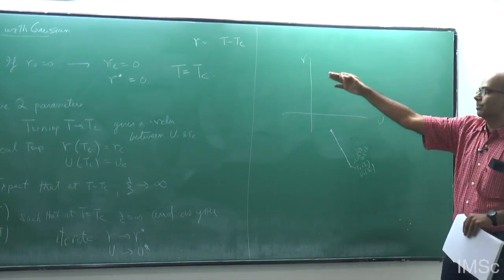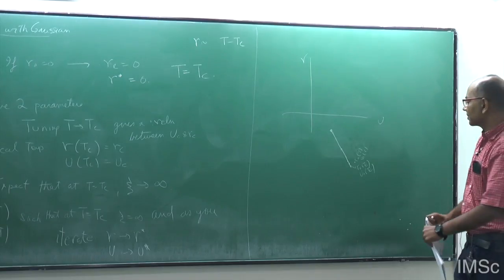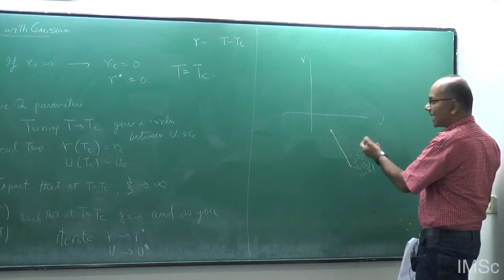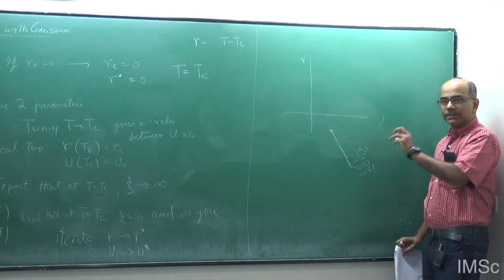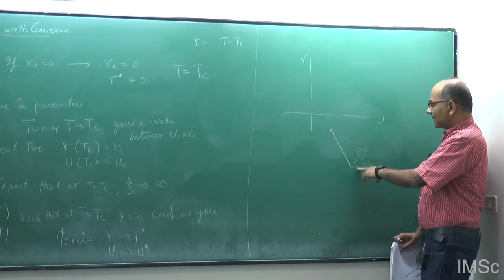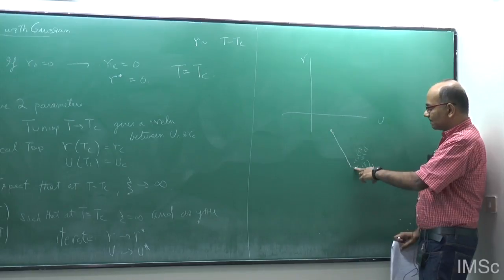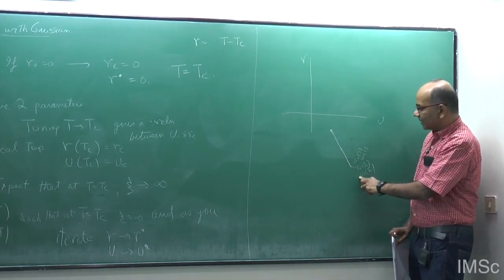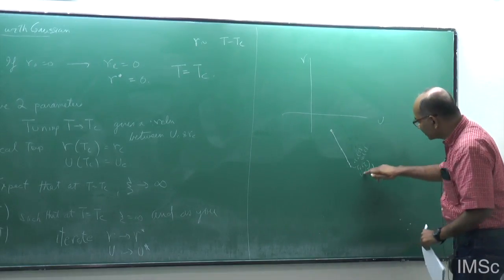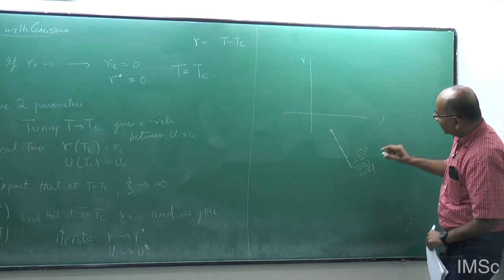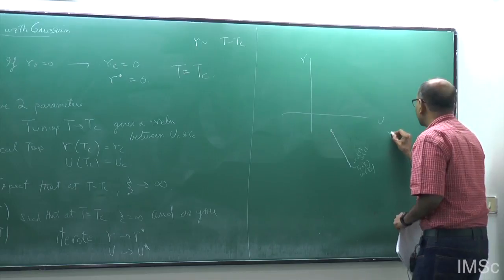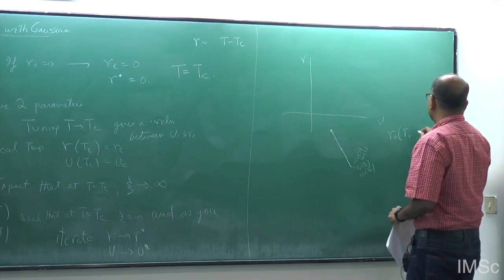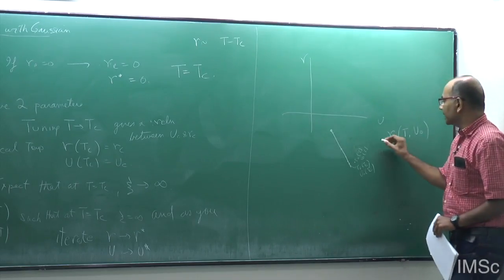What I've said graphically amounts to this. There is some parameter that you can tune which will give a relation between R0 and U0. T doesn't define a value; T defines a relation between R0 and U0. So I should say R0 is a function of T and U0.